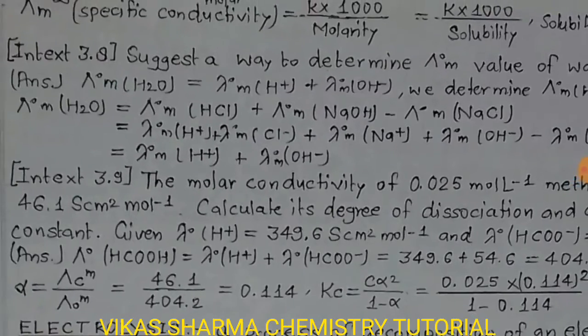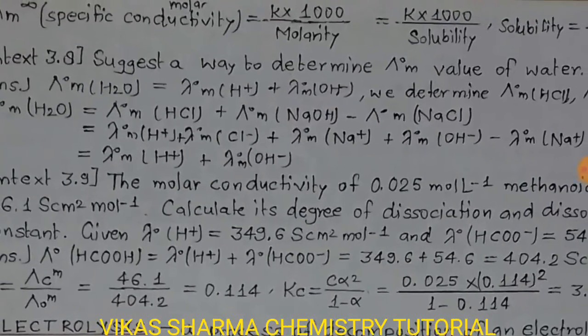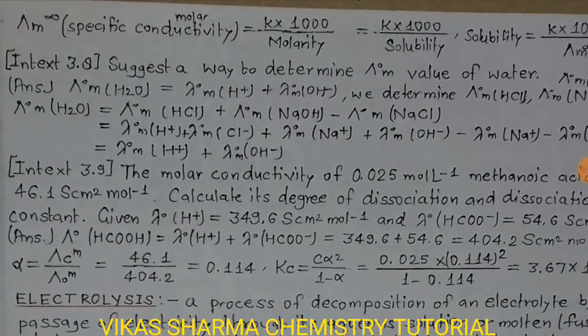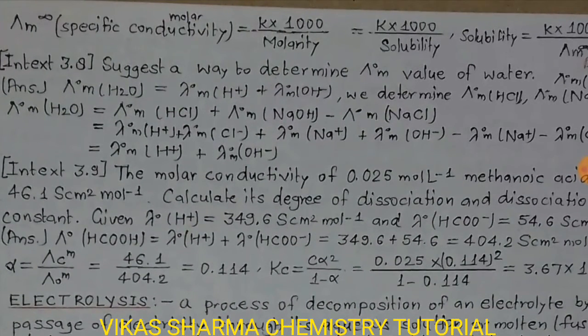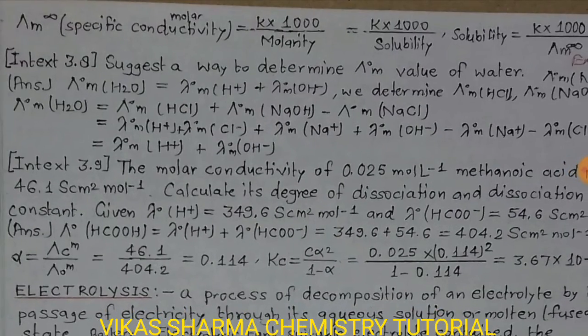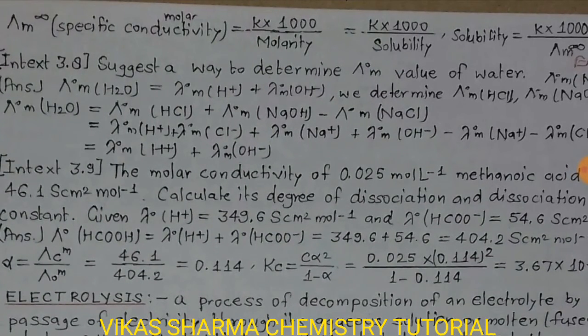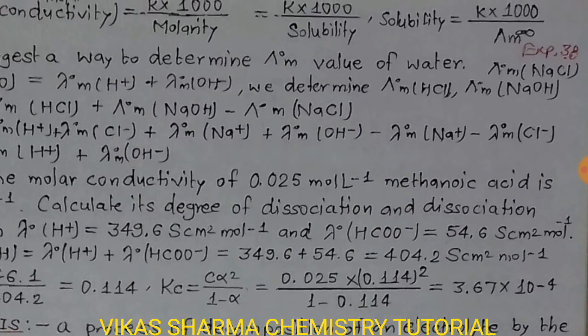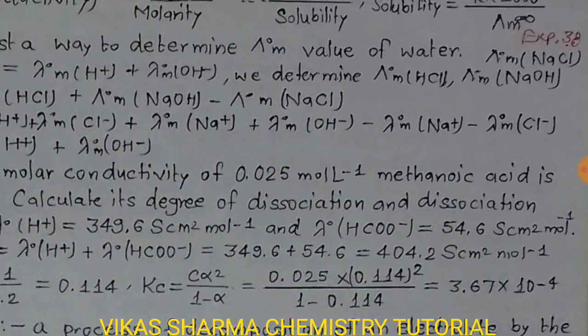Students, the second question, in text 3.9, is totally based on this. The molar conductivity of 0.025 mole per liter methanoic acid is 46.1 Siemens centimeter square per mole. Calculate the degree of dissociation and dissociation constant. We are given the molar conductance of the proton, hydrogen ion, 349.6 Siemens centimeter square per mole, and lambda of the HCOO negative ion is 54.6 Siemens centimeter square per mole.